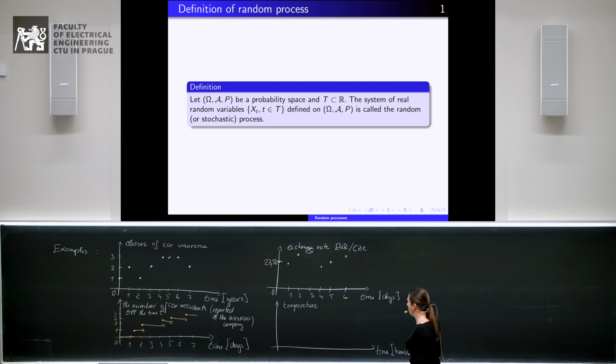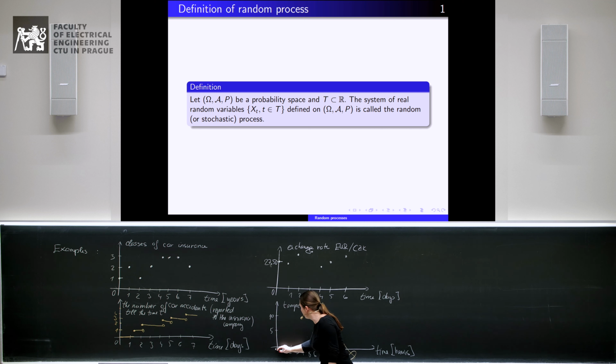And so, for example, today I think that the temperature is somewhere between 5 and 10 degrees.